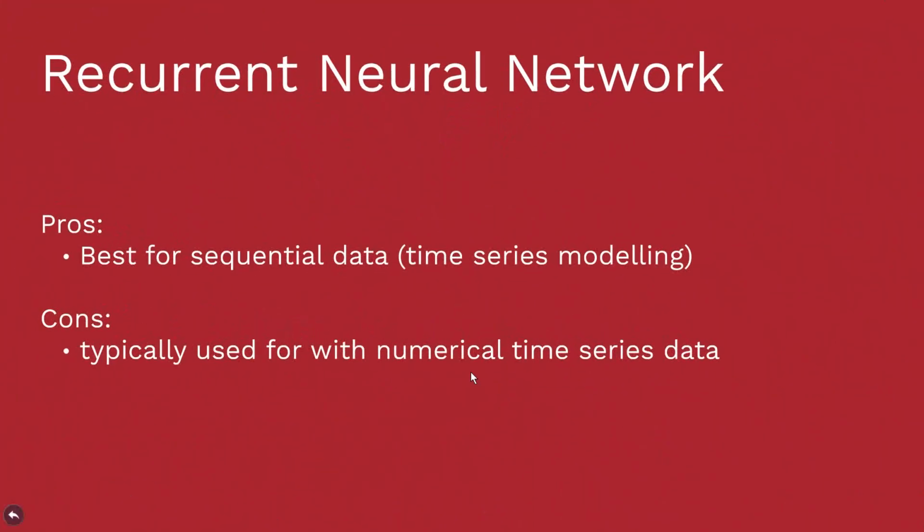And recurrent neural networks, another type of neural network, are really great for working with sequential data, time series modeling. They're not usually used for image data. I think there may be certain applications where people have used one of these, say, predicting the next frame of a video or something along those lines.